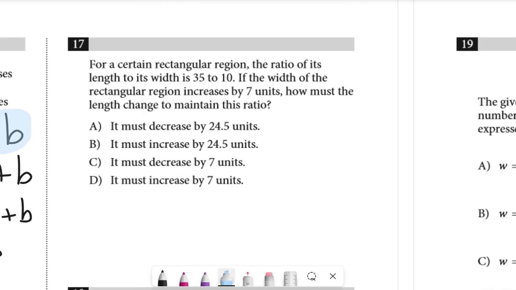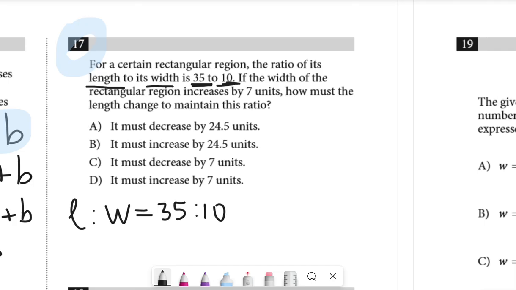And the last question for today, question 17. So, for a certain rectangular polygon, the ratio of its length to its width is 35 to 10. Oh, let's stop here. The ratio of length to width is 35 to 10. All right, what does that mean from here? Length multiplied by 10 is equal to width multiplied by 35.